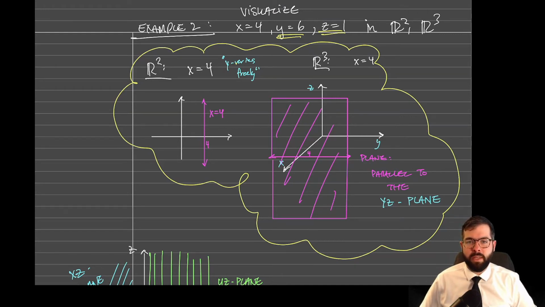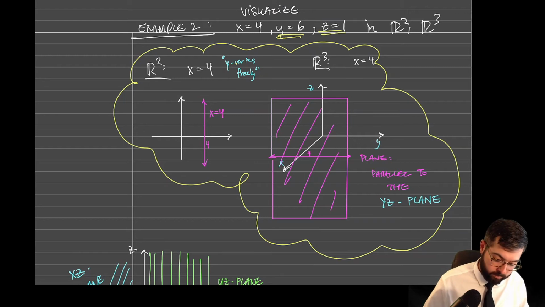How does y equals 6 look and z equals 1 look in R2 and R3?